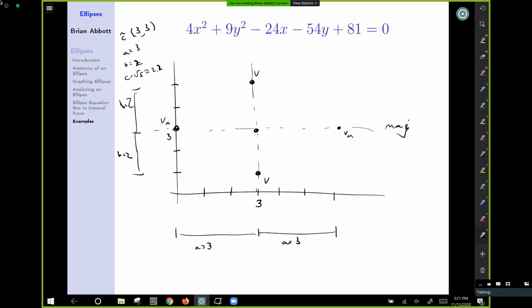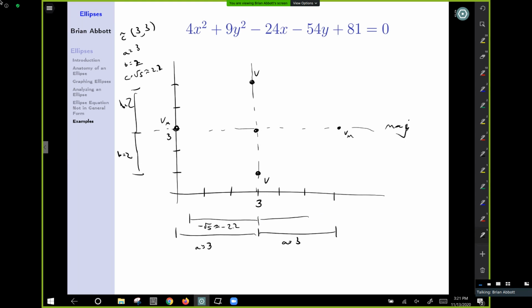And now we have to put in our pesky foci. And our foci are an odd distance. They are c from the center in the x direction. We're going to travel root 5. In this case, we're going negative root 5 in the negative direction. So negative 2.2-ish in both directions. Oops, too far. Got carried away.